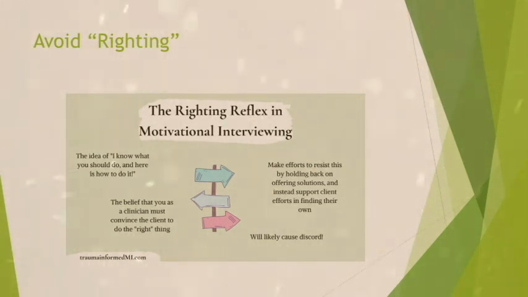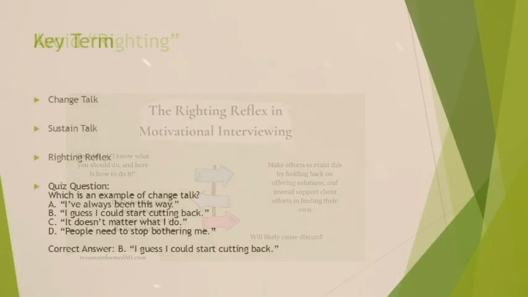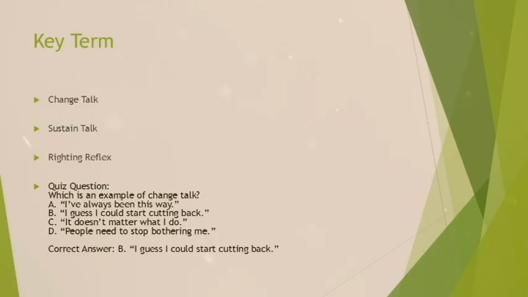You need to help them to find the ambivalence there and to move towards the change talk without using what we call the righting reflex, which is our last term here. That is the impulse to fix or correct the client's behavior. So what's an example of change talk? An example would be something like, I guess I could start cutting back. That would be change talk.